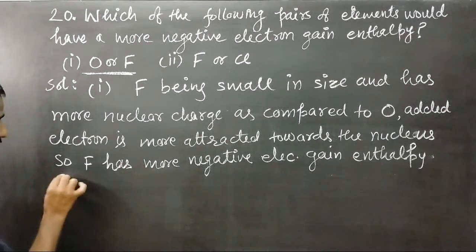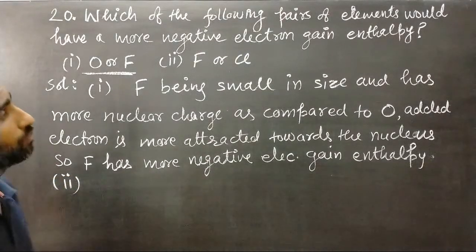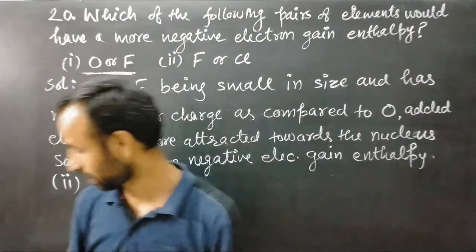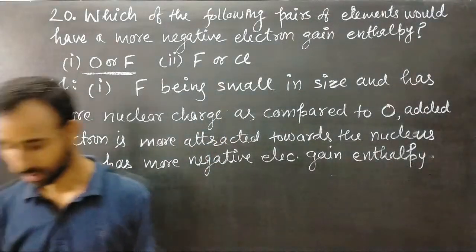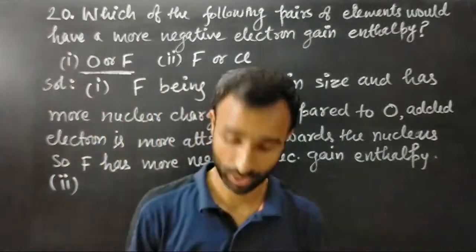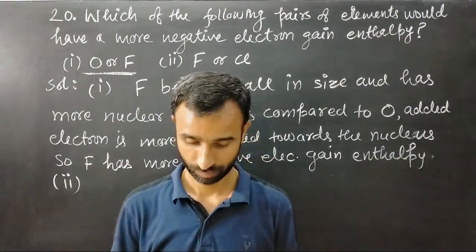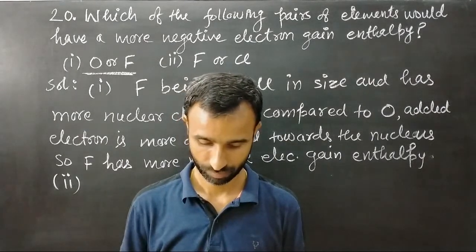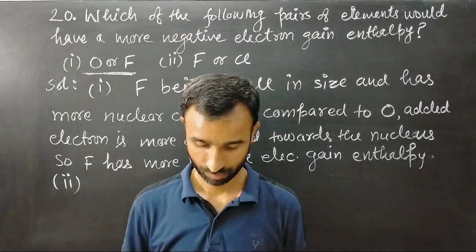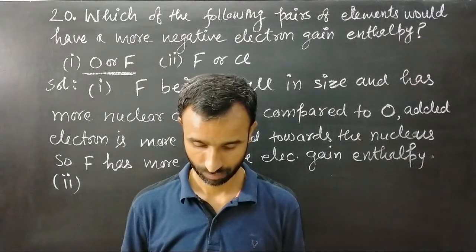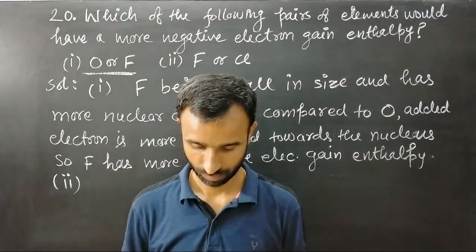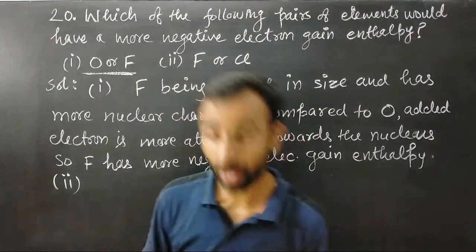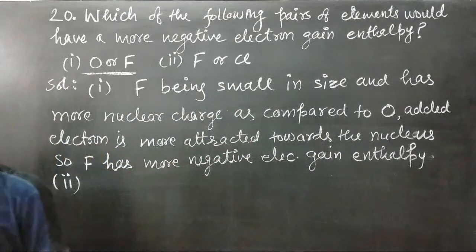Now second, out of fluorine or chlorine, which one has more negative electron gain enthalpy? Very good, Sakshi. Chlorine. Why is it so?